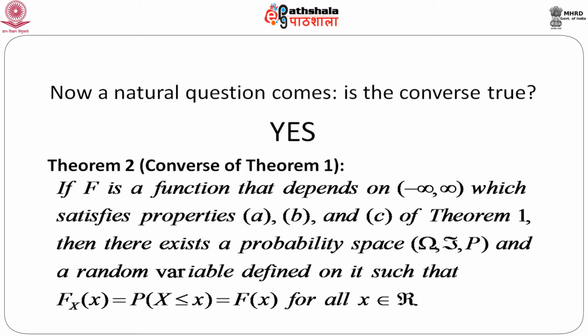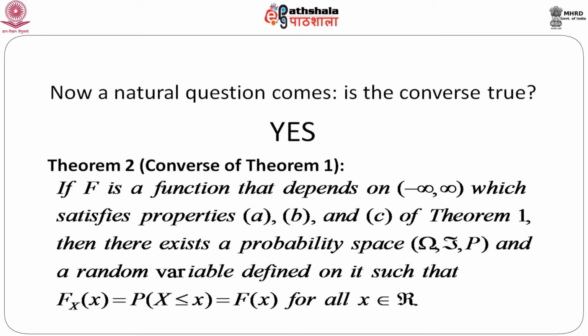It states that if capital F is a function defined on minus infinity to infinity, which satisfies the previous three properties, that is A, B and C of theorem 1, then there exists a probability space omega, script F and P. Script F is the sigma field generated by the class of subsets of omega, and P is the probability measure defined on omega and script F. So there exists such a probability space and a random variable defined on it, such that we can always write capital F of x equals the probability that capital X is less than or equal to small x, usually denoted by only capital F of small x, for every x in the real line.